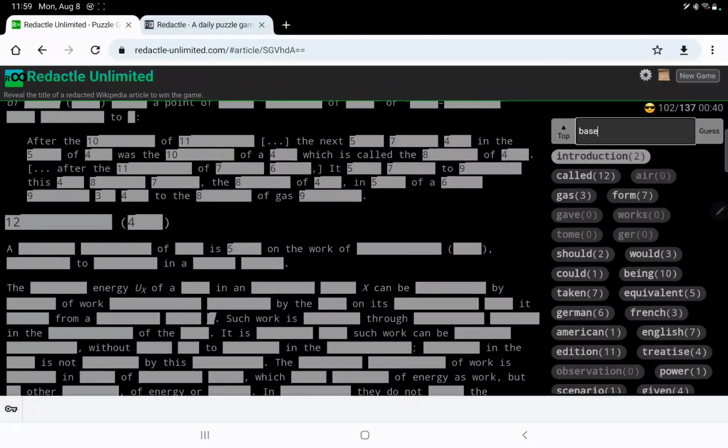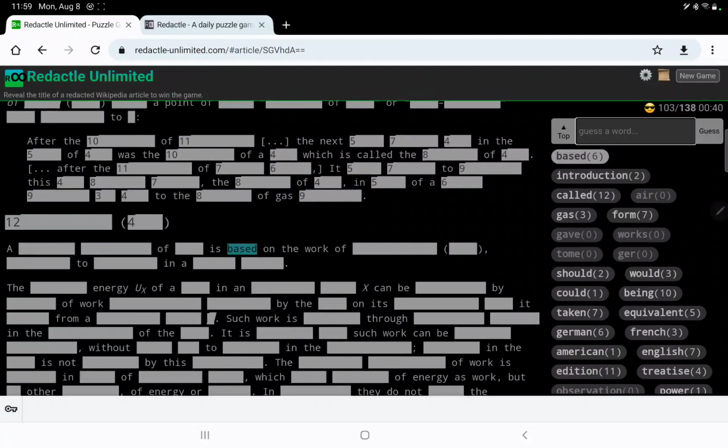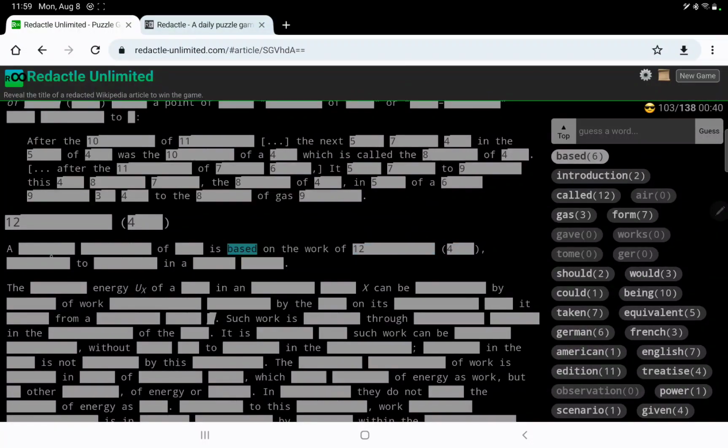12.4 is based on the work of 12 and then 4, 9 to 9 and a 6, 6. A 8, 10 of 4.